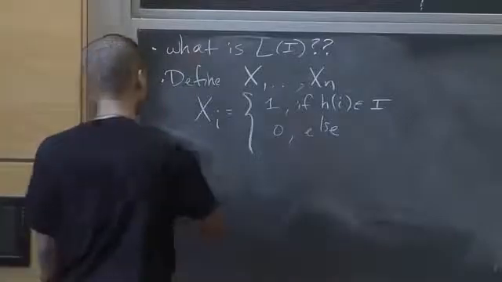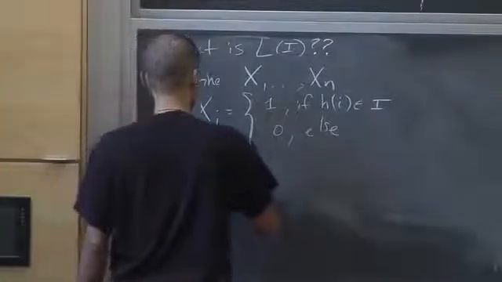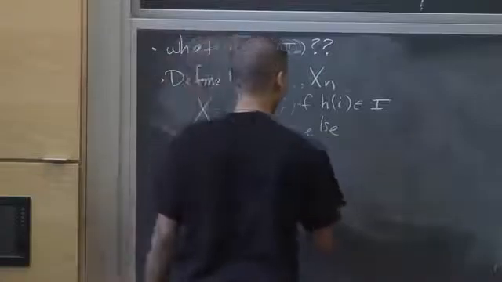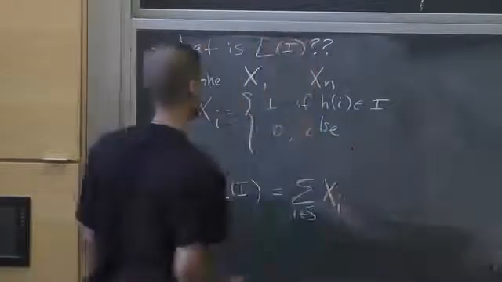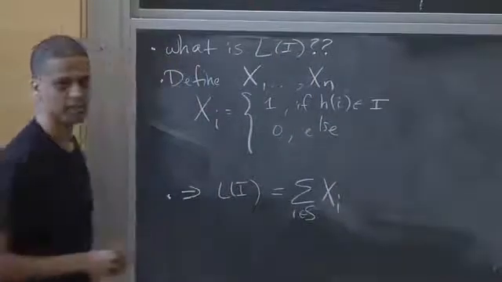Okay, then that implies that L of I is just the sum over i in S of x of i.